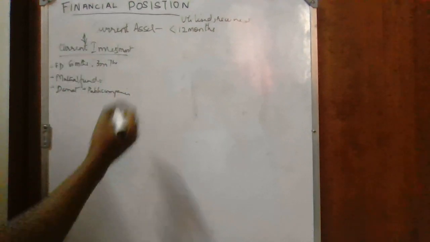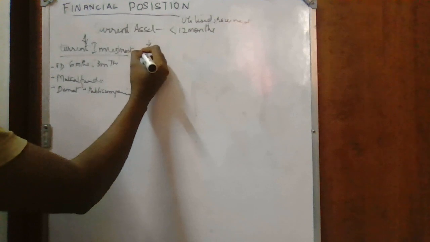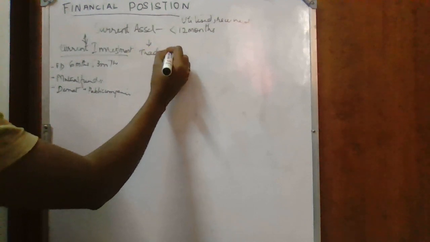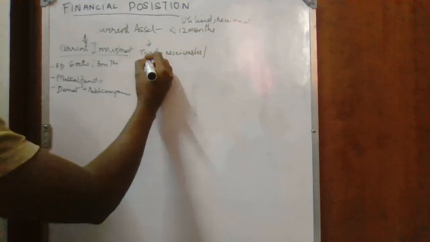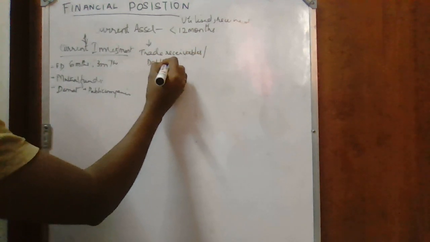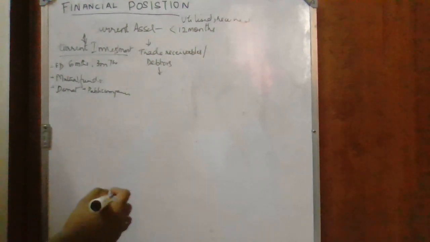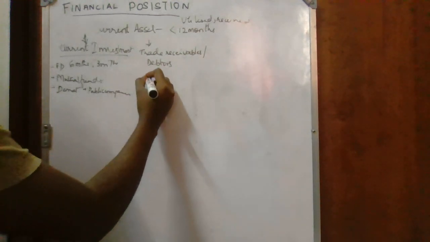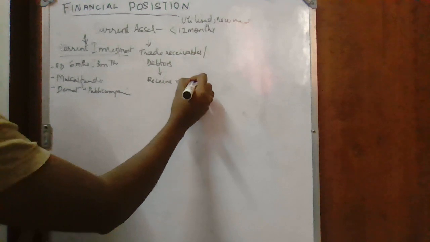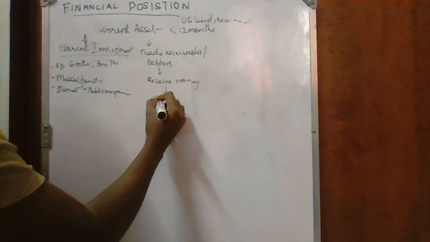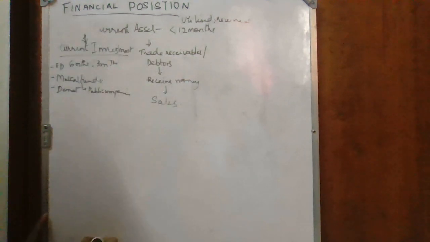Next, you have trade receivables, also known as debtors. Trade receivables or debtors is where you have to receive money. Why will you receive money? For the sales done in the business.